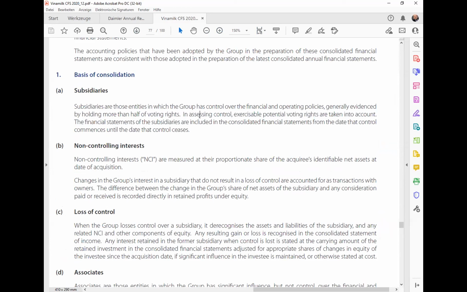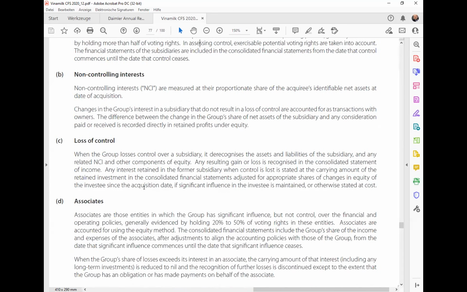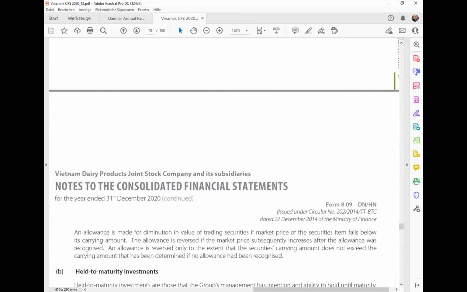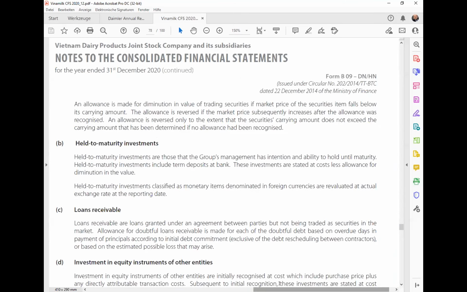In assessing control, exercisable potential voting rights are taken into account. Financial statements of the subsidiaries are included in the consolidated financial statements from the date that control commences until the date that control ceases. Yeah, I think that's it.